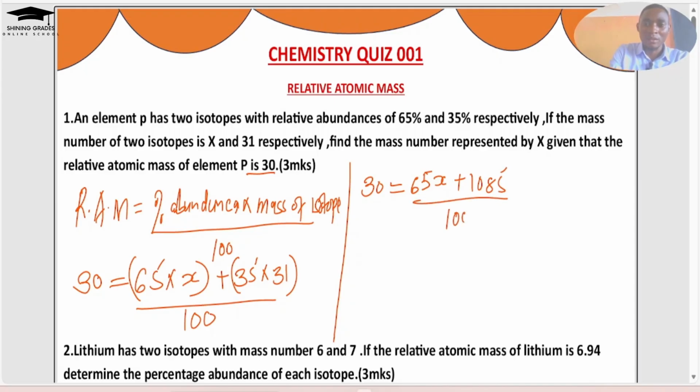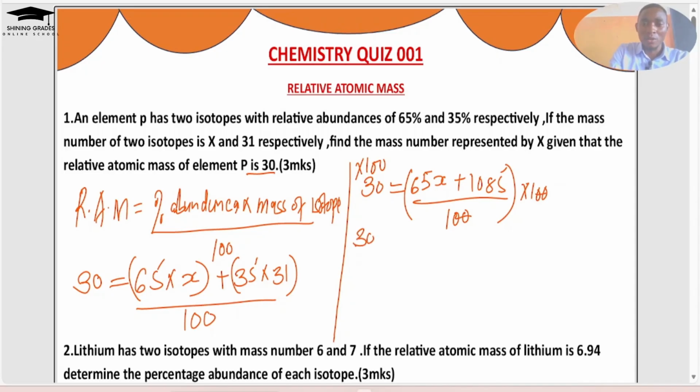divided by 100. Therefore, to find out the value of X, I have to multiply by 100 on both sides. So I'm going to have the 100s cancelling out.